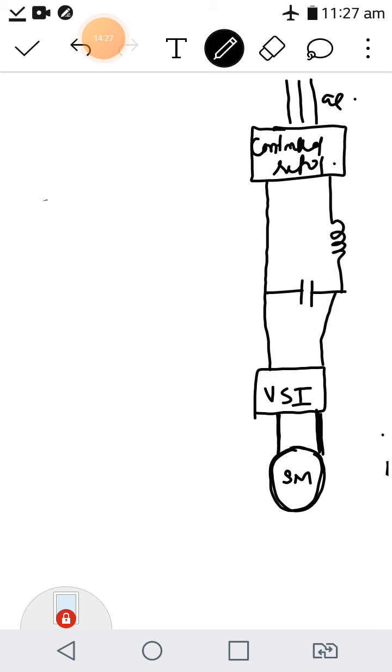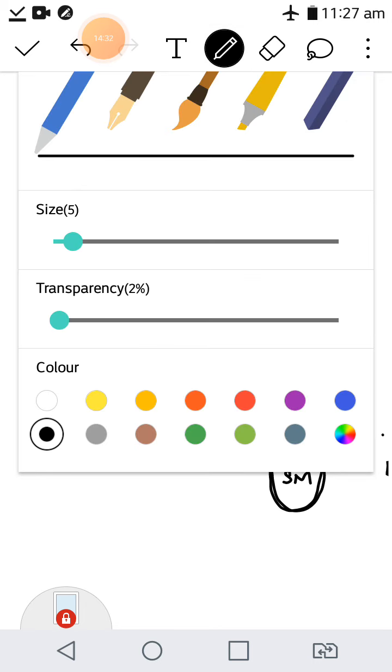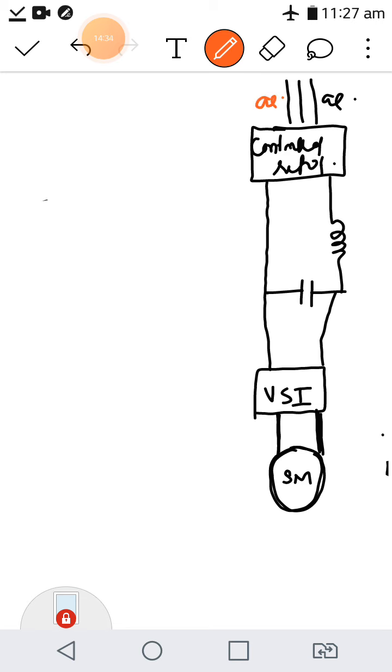This is just a schematic I am drawing. This is AC supply. Output of the rectifier is DC. This is a filtered DC, constant DC. This is given to VSI. VSI output is AC with the desired voltage and frequency given to synchronous motor.